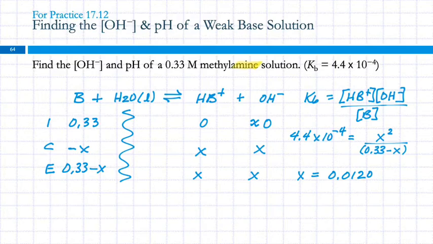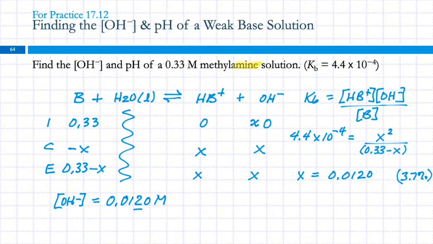And dividing that by 0.33, I get 3.7%, so it's okay. I'm looking for hydroxide ion concentration. That's going to be equal to x. So the hydroxide ion concentration is equal to x, which is 0.0120 molar. It's probably just 2 sig figs.